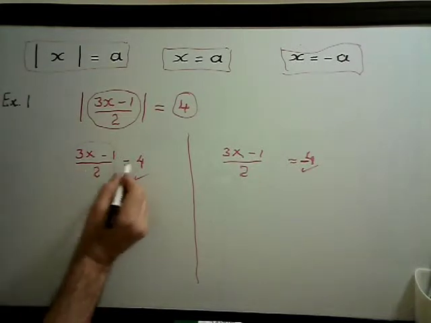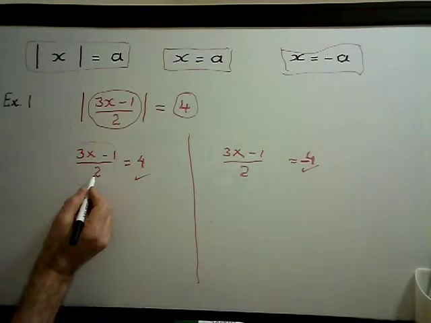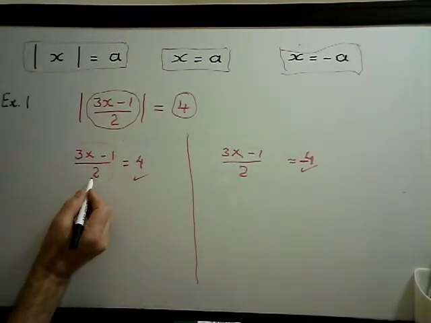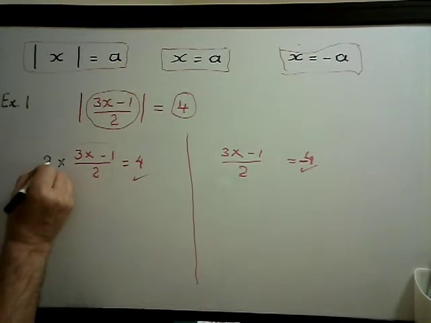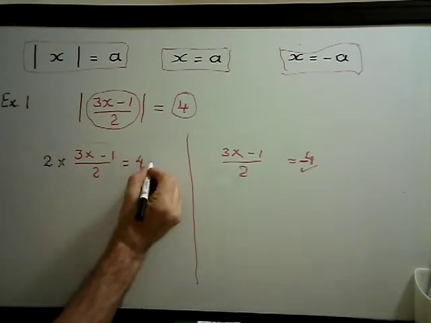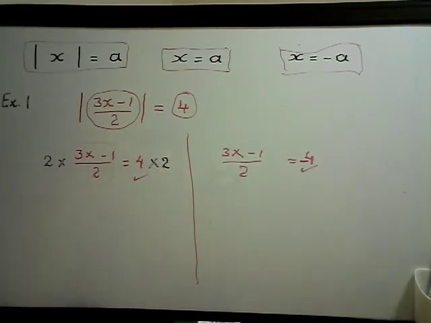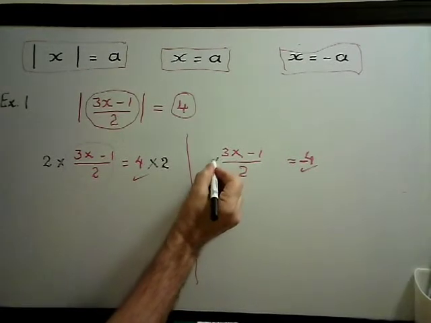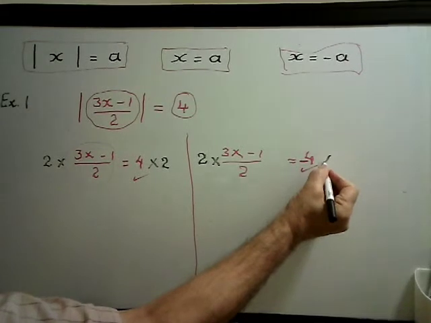Now we just simplify both of them. Here, first we get rid of 2 in the denominator by multiplying by 2 here. Here, multiplying by 2. Same thing here, we can multiply by 2, and here multiply by 2.